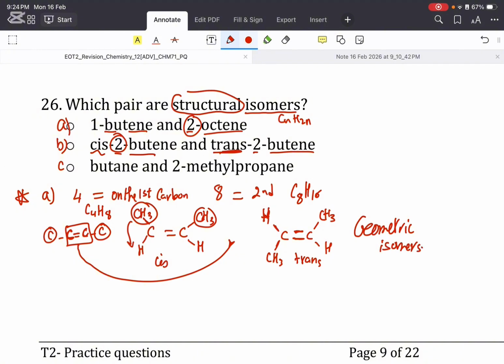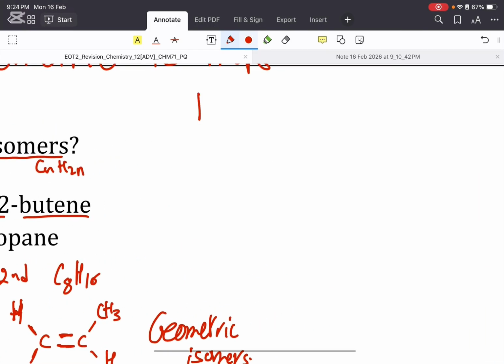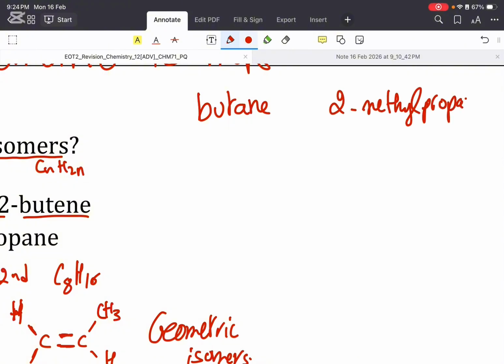Now, looking at part C, butane and 2-methylpropane. Obviously, I have 2 different names. Now, let's check if they have the same molecular formula. Butane is made up of 4 carbons and it's an alkane. So C4H, remember 2n plus 2. 4 times 2 is 8 plus 2, 10.